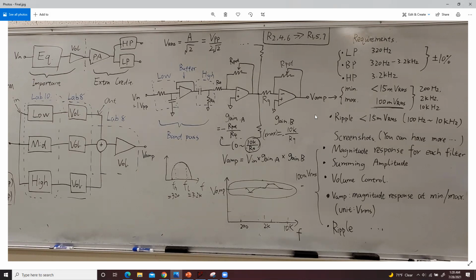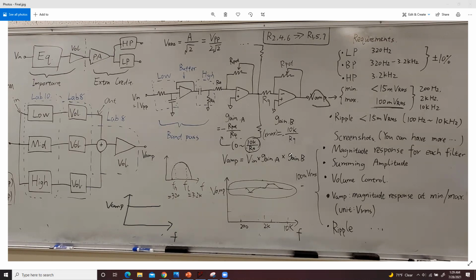The ripple. Let's draw something. At the end, after you build the system, you're going to plot the magnitude response. Let's say this is a magnitude response for V amp, the output voltage.